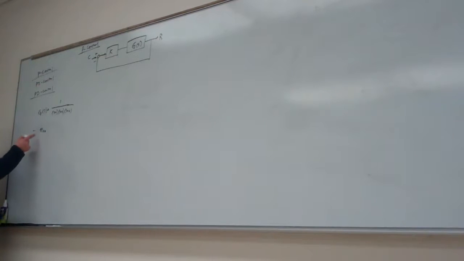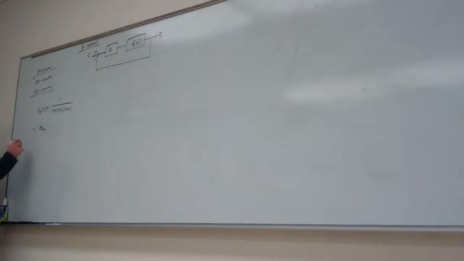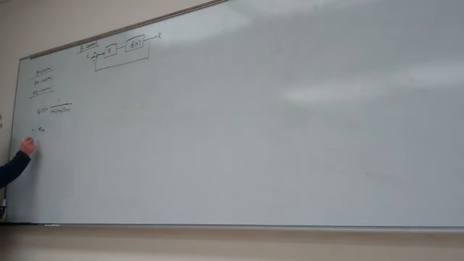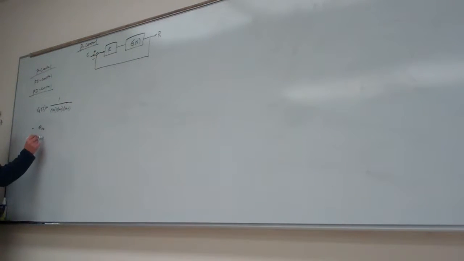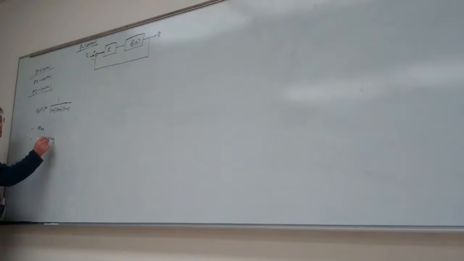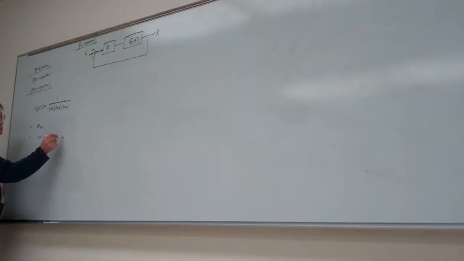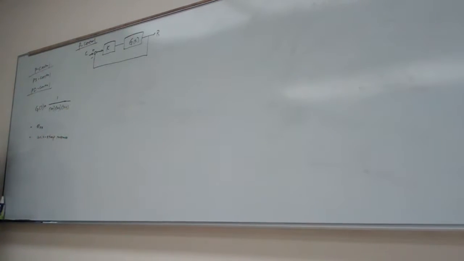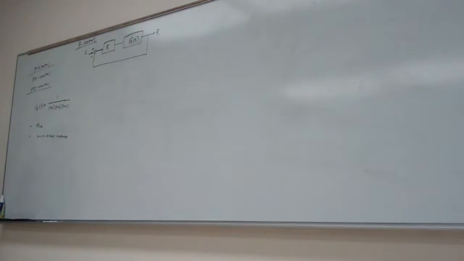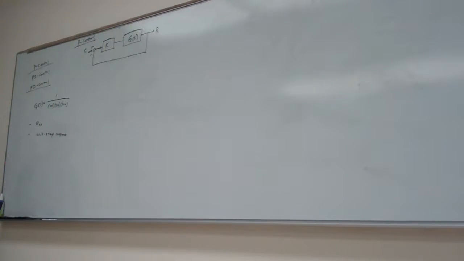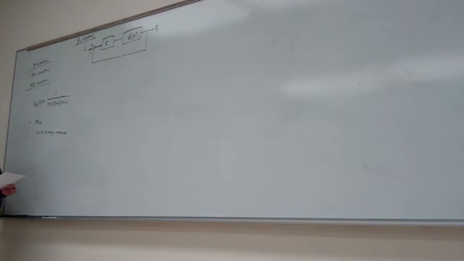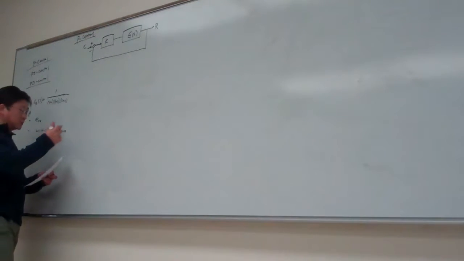We are interested in calculating this, and then we are interested in knowing the unit step response. So at least we want to explore this one, either by calculation or by plotting the response. So keep this in mind. So here we try to get something ready.